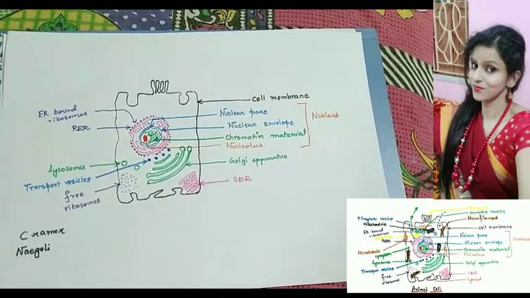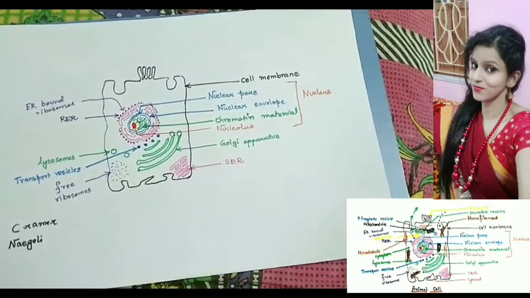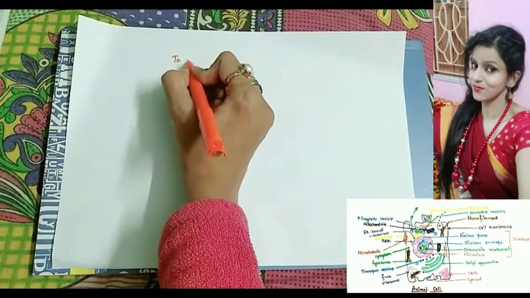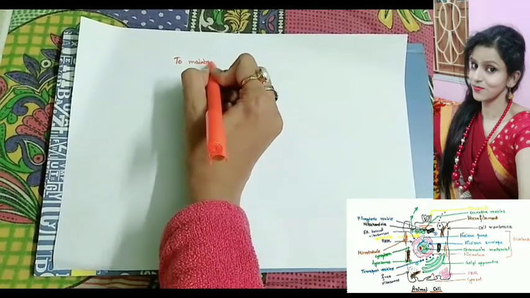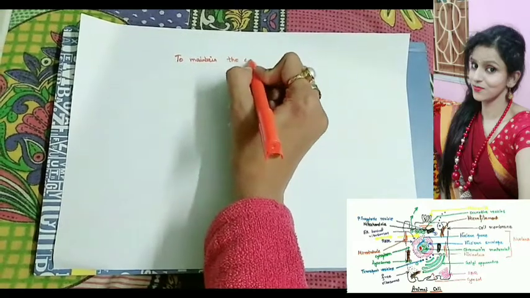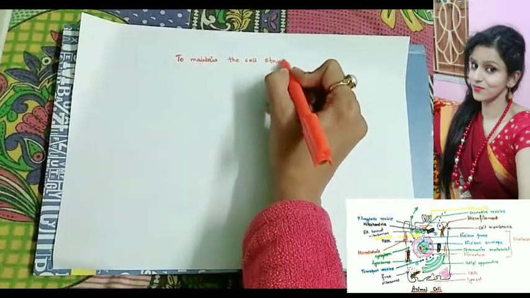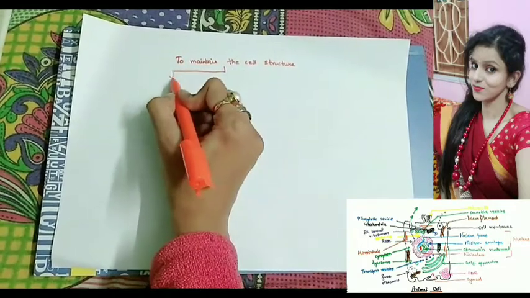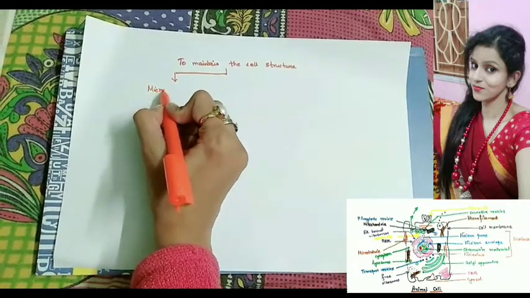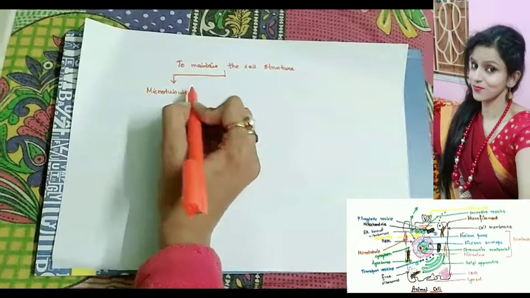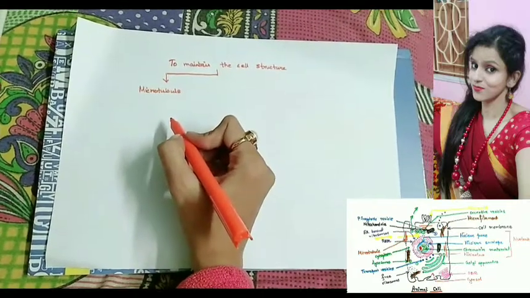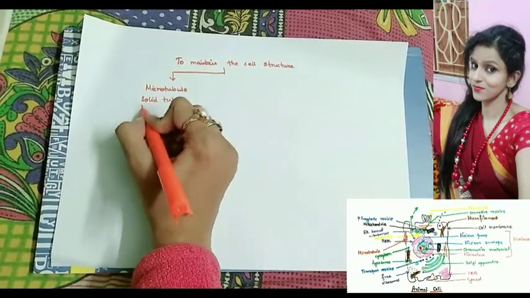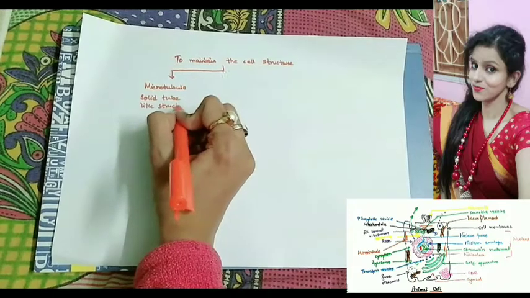Now I will discuss the next portion, that is how to maintain the cell structure. To maintain the cell structure, three things are actually needed. Three things are present inside the cell which help in maintaining the cell structure. The first one is the microtubule. Microtubules are very small, solid tube-like structures which help to maintain the structure of the cell.